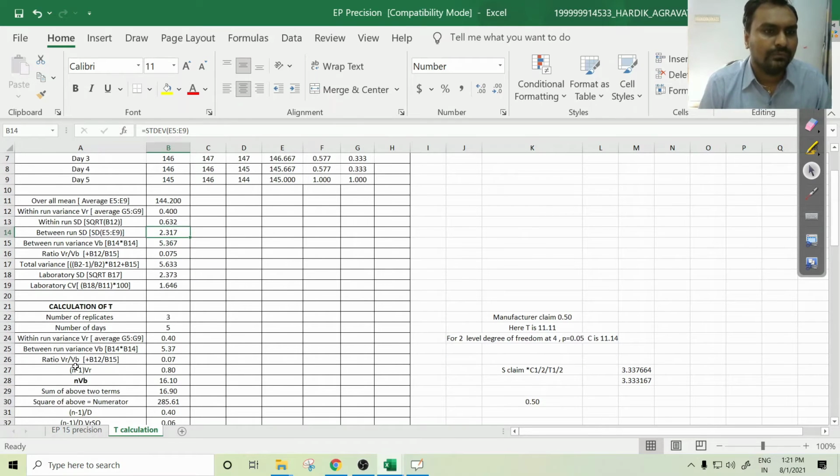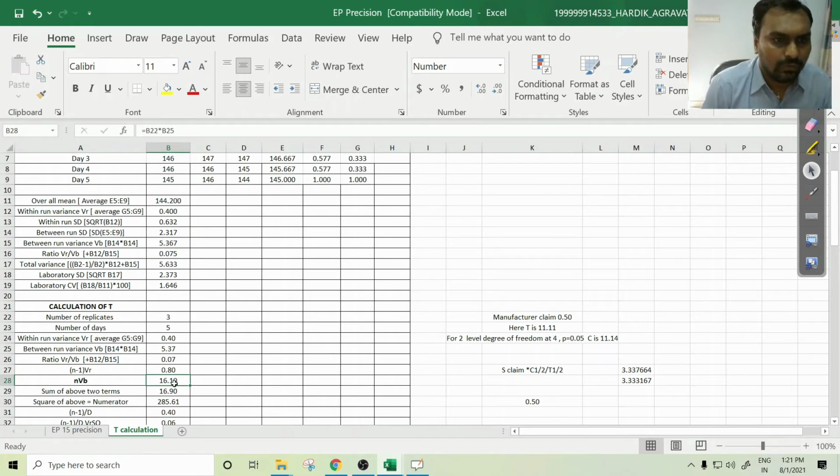Now the ratio VR to VB, here it is 0.07. We have to take the positive of the within run variance. Now n minus 1, that is 3 minus 1, into within run variance, that we got as 0.80. You can see the formula here also, and n into between run variance, that is 16.10 here.